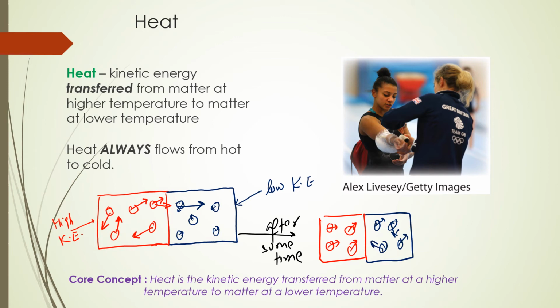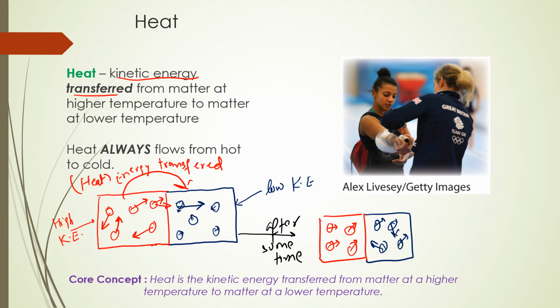So what happened in this process? Energy was transferred from red to blue. And heat is the kinetic energy. So this kinetic energy is heat. So we can call this heat was transferred from red to blue.